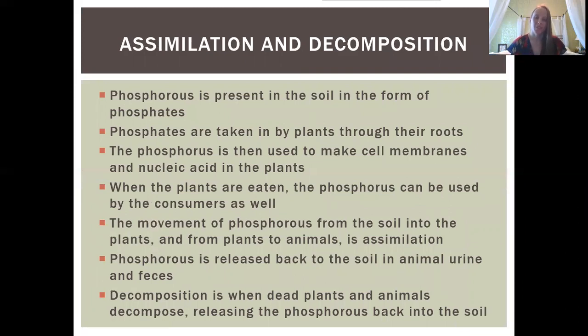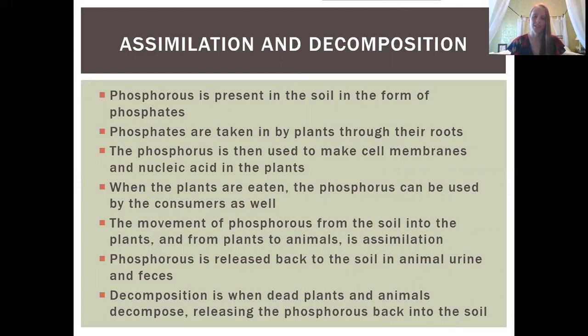So phosphorus is found in the soil in the form of phosphates, just like nitrogen in the soil is nitrates. These phosphates can be taken into plants through their roots. That process is called assimilation. Anytime a nutrient, whether it's carbon or nitrogen or phosphorus, is going into a living thing, we call that assimilation.